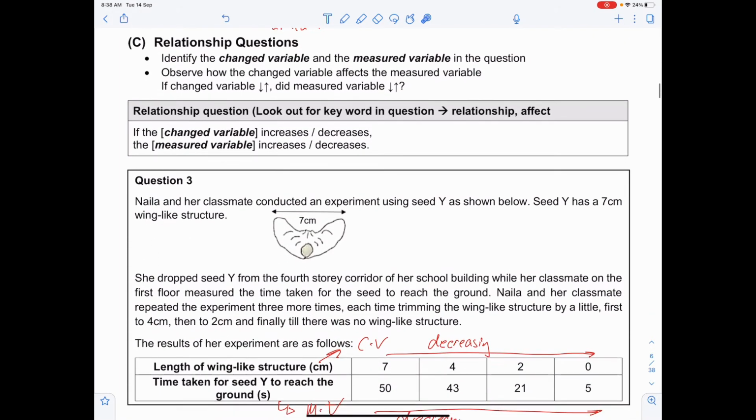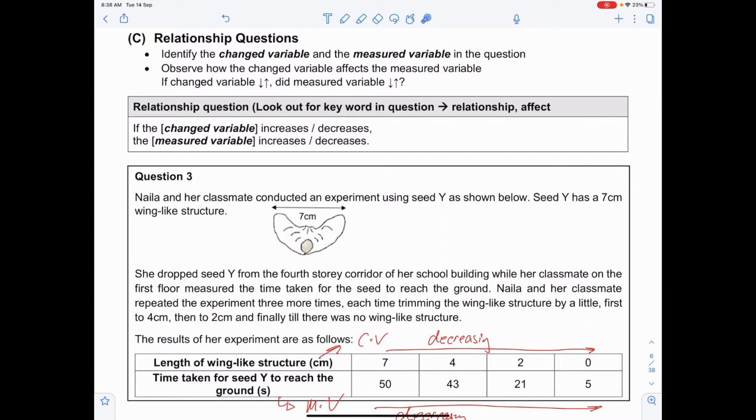So for relationship questions, the first thing is you want to identify what is the change variable and the measured variable, something which I've already taught you. And then you want to observe how the change variable affects the measured variable. So if the change variable increases, what happens to the measured variable? Does it increase or decrease?